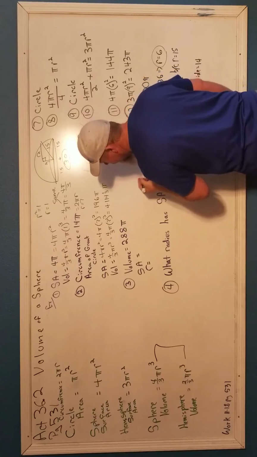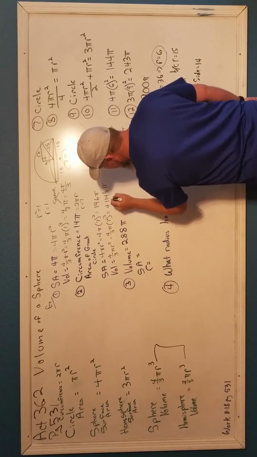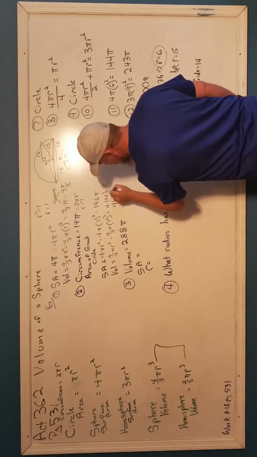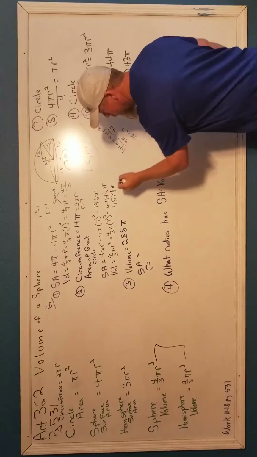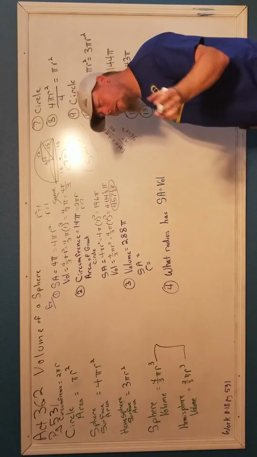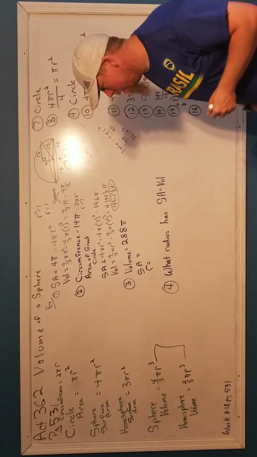And just to round it out for a nice answer, this would be 457 and 1/3 pi, okay? Now, you can get a decimal answer if you want. I don't like decimals, so I'm going to go with that, and I'm okay with that. It's up to you if you want the decimal, and you can check your decimal answer with mine to see if they match.